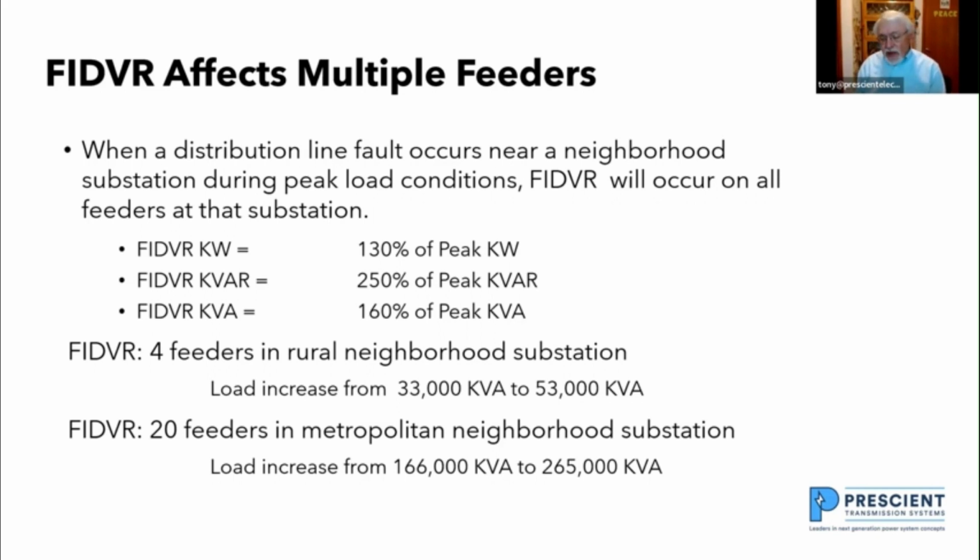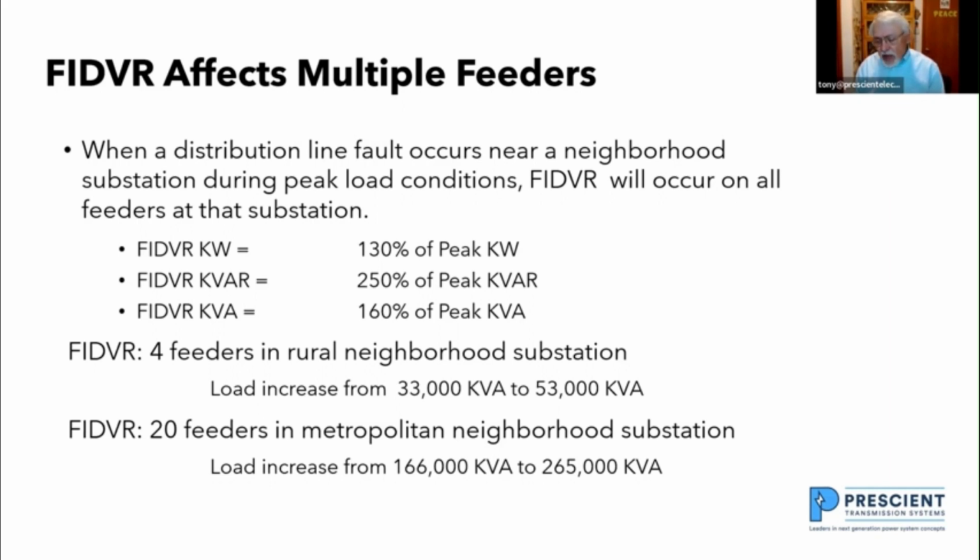If I have 4 feeders in a neighborhood substation that's rural, the load could increase from 3,300 kVA to 5,300 kVA. 2,000 kVA change in load, that's not going to cause a wide area blackout. That's not significant.